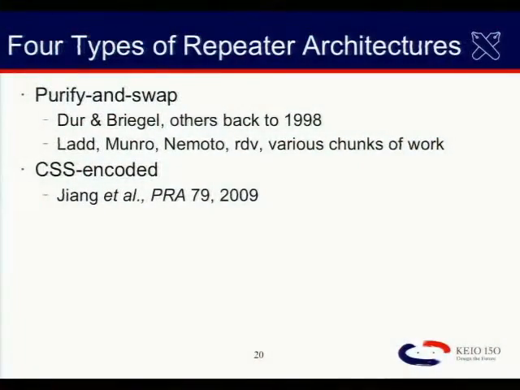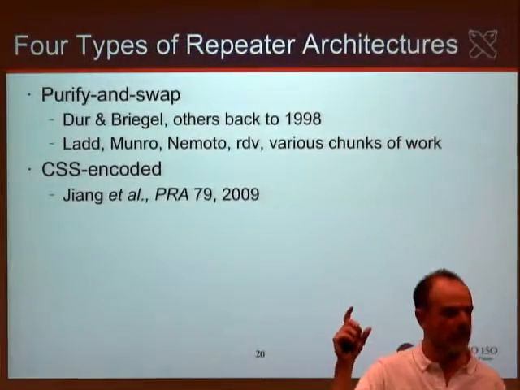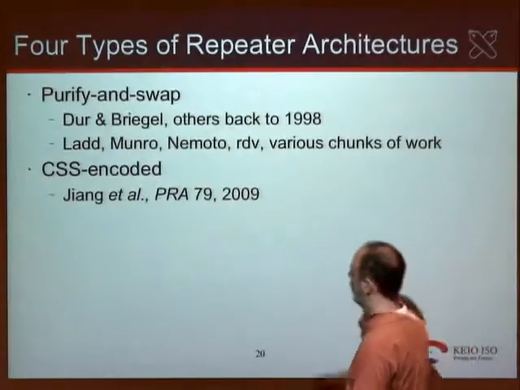CSS encoded systems, where you're literally, instead of doing purification, which is a very simple form of error correction, doing full-scale quantum error correcting codes on top of the physical entanglement mechanism. Liang Jiang, who at the time was a student of Misha Lukin's at Harvard and is now postdocing at Caltech, has done some good work on that.